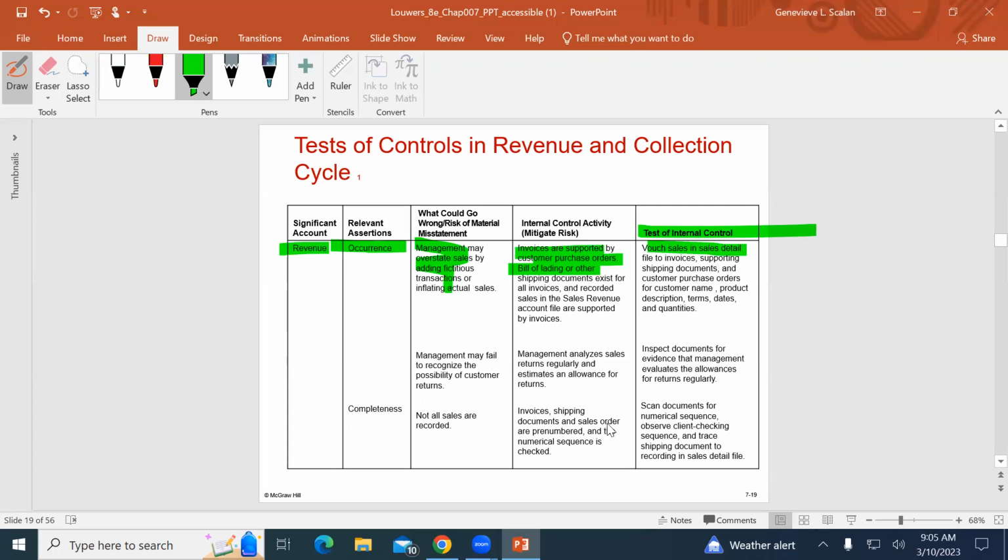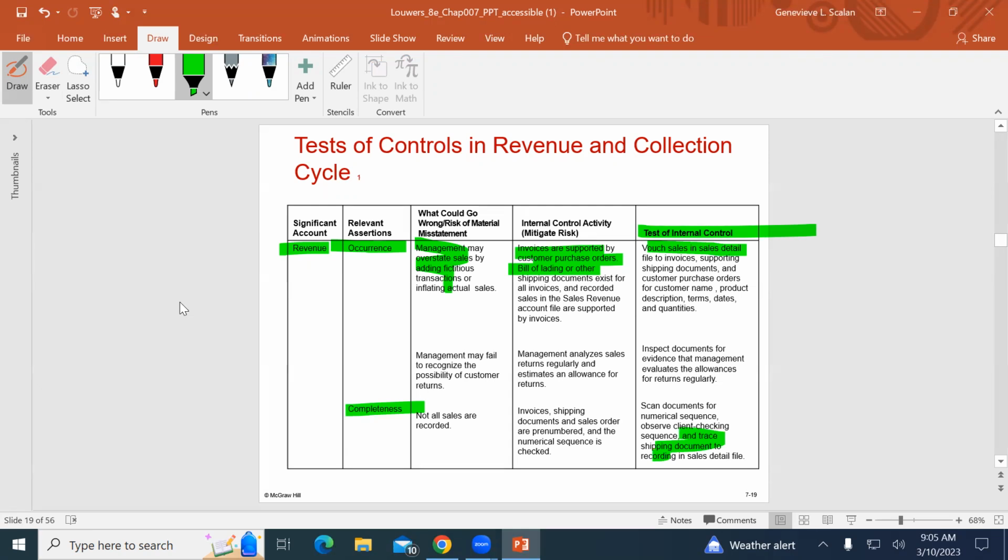Vouch for occurrence, trace for completeness. All right, so basically testing revenue, we're testing occurrence. Are those real sales, right? Which means we vouch. And of course, we do test for completeness. It is not as big a risk, but some sales could be left out, and then that would misstate the account.